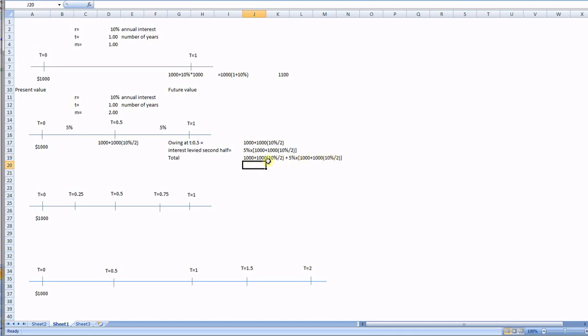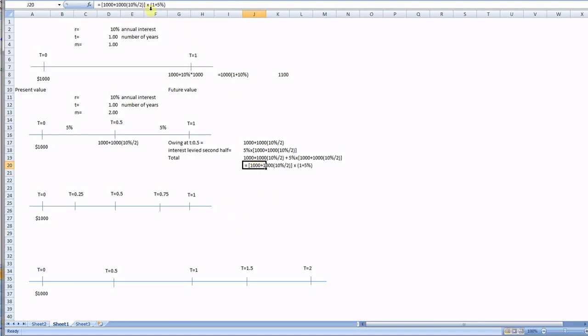So we can simplify this into multiply by 1 plus 5%.